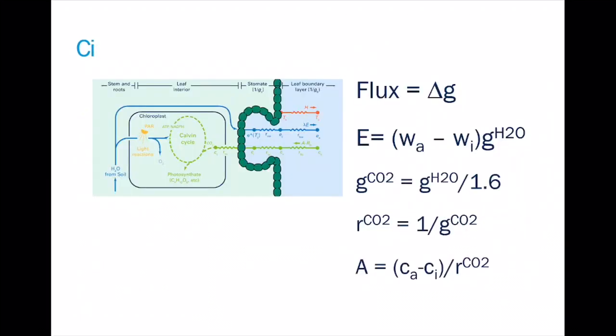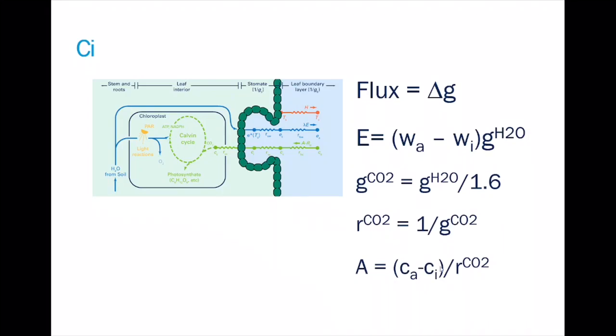If we know our stomatal conductance, we can use it to calculate our conductance to CO2. And here you can see that our conductance to CO2 is proportional to our conductance to water. And if you continue to follow through the expression, we can rearrange this final expression to solve for CI.